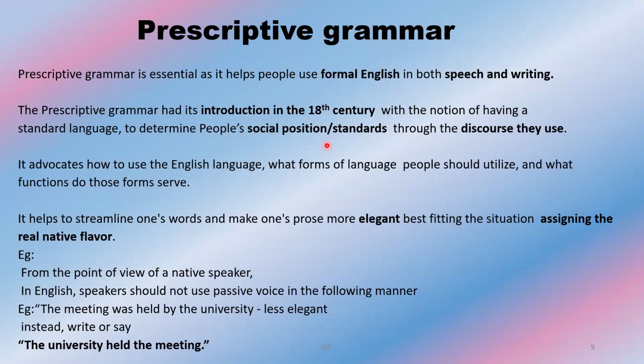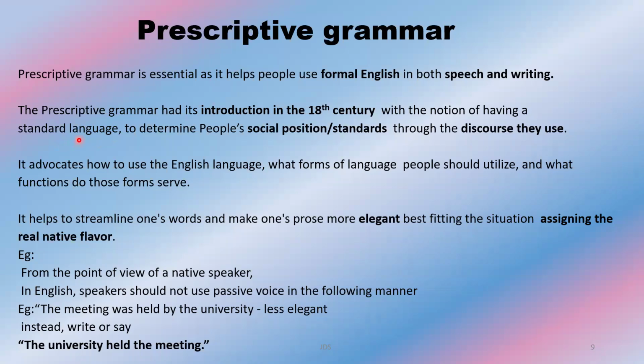they had the need to have a standard language. You can't print a book in different dialects. It's very difficult for them to print all the books in different dialects, or maybe to utilize different dialects for legal purposes. Thereby, they had the necessity of having a standard version of language.